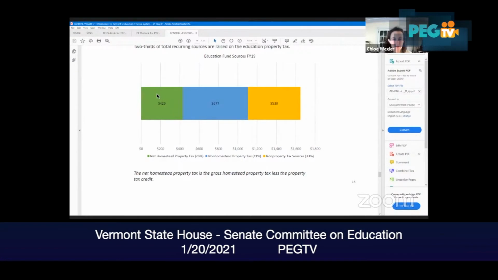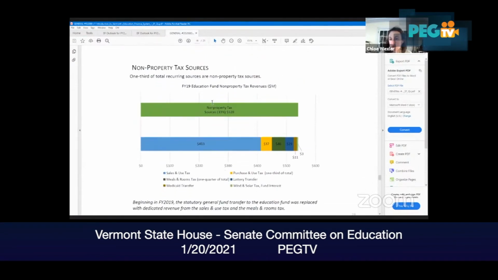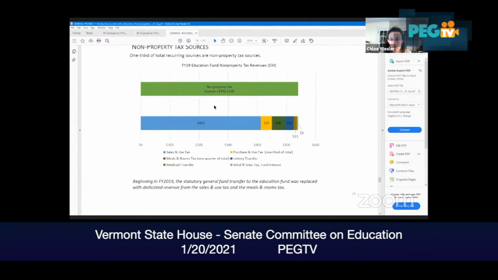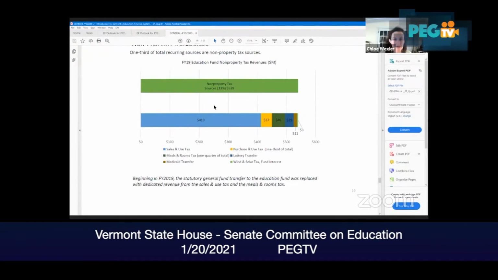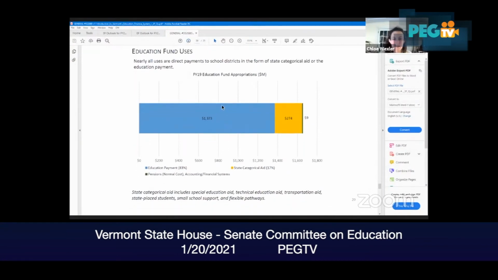We speak about this in terms of the net homestead property tax, and the reason we say net is to account for the income adjustment that we're making. This identifies the non-property tax sources that were available in FY 2019, and shows that primarily all of the money that flows into the education fund goes directly to support schools.